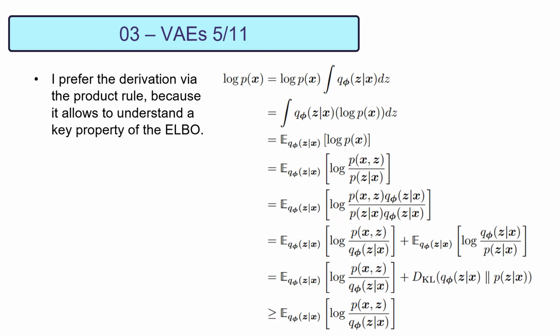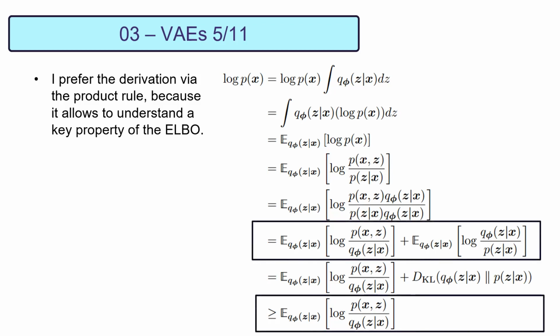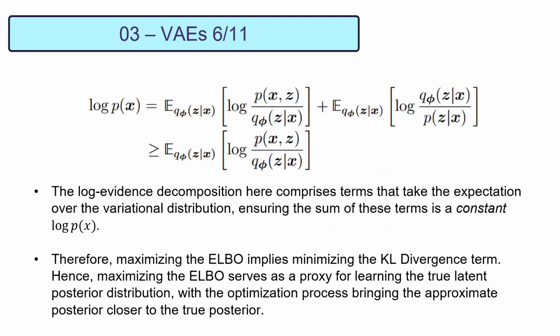Now, why is this important? This is important because these two equations show you what you actually need to be optimizing, right? The idea is this. If log px is equal to this particular decomposition of these two terms, what you're seeing here is that both terms, and this is the nice thing for us, are expectations over the variational distribution.